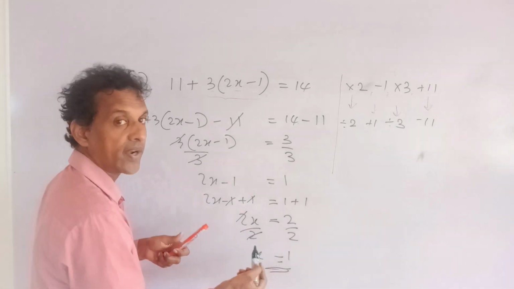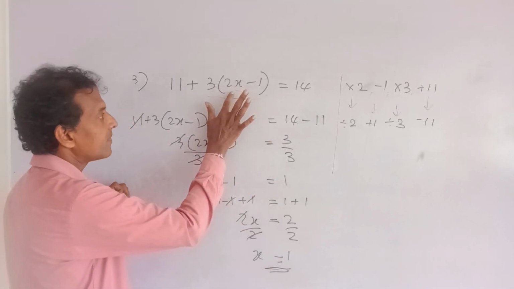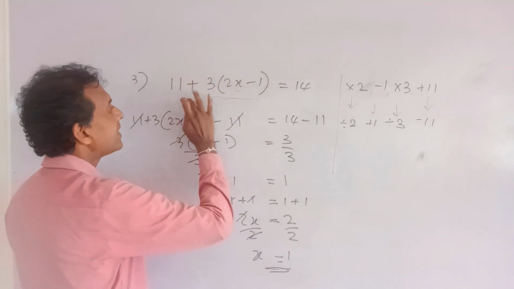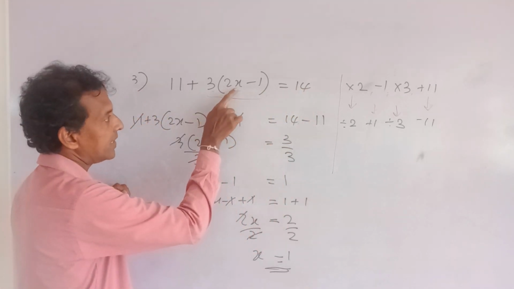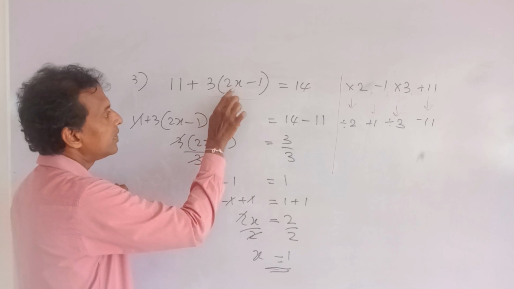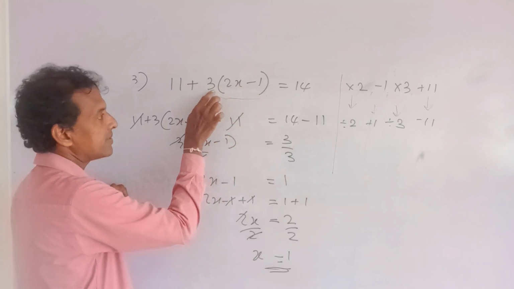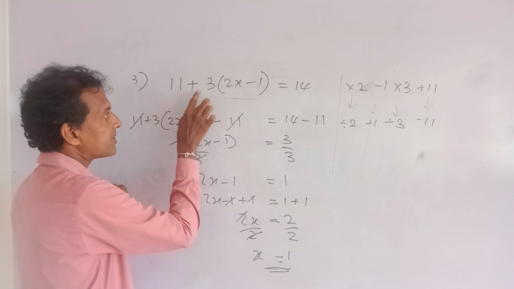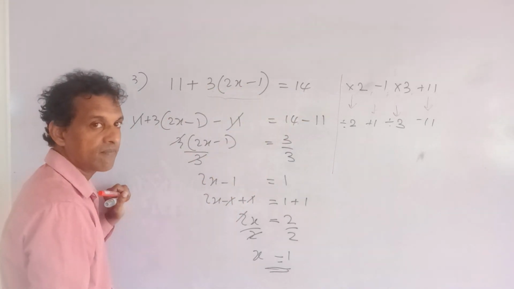x equals 1. Now again you can substitute here and make sure that the left hand side is 14. You can just do it mentally. Now see, when x is 1, 2 times 1 is 2, 2 minus 1 is 1, 1 multiplied by 3 is 3, 11 plus 3 is 14, which is equal to the right hand side.